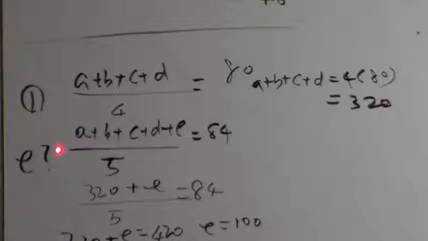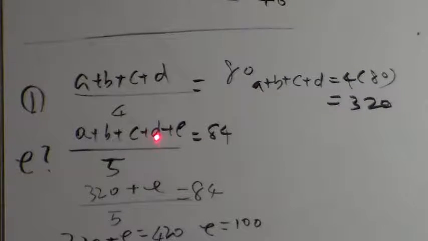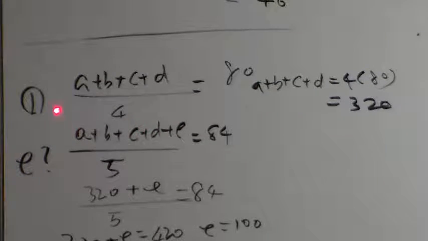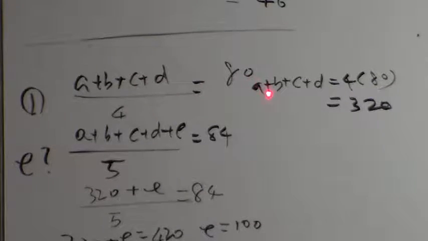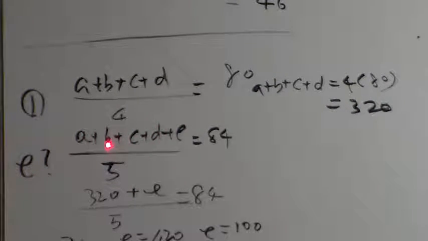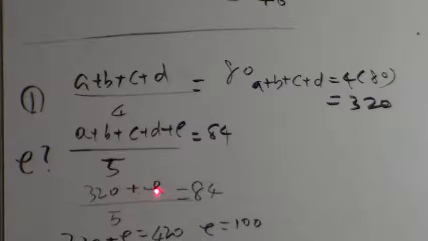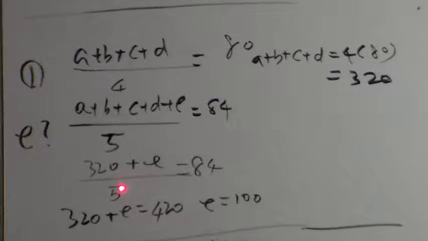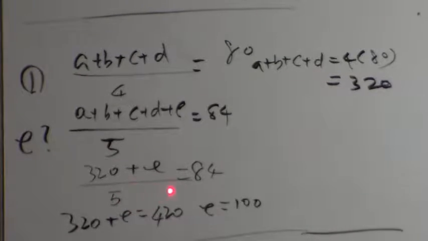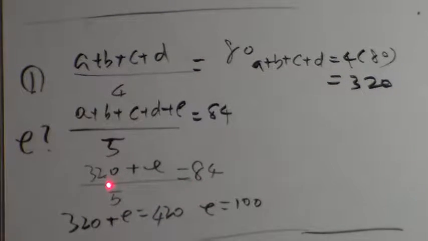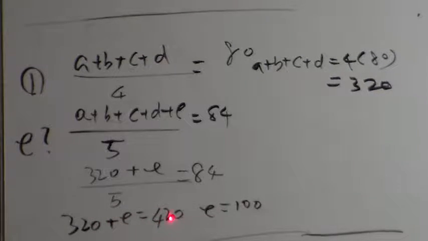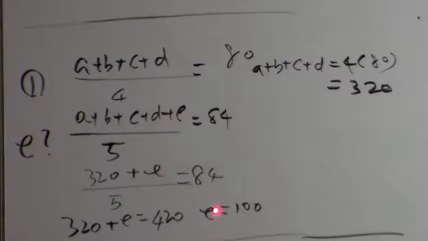But we already know that A plus B plus C plus D is 4 times 80, so 320. So instead of A, B, C, D, we're going to replace by 320 plus E divided by 5 is 84. From this, we're going to times 5. 5 times 84 is 420. So 320 plus E is 420. Then E is 100. Okay?